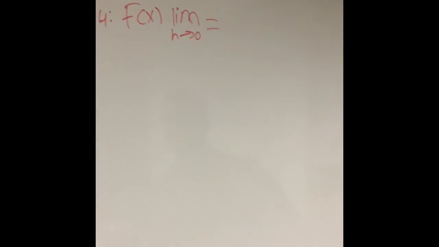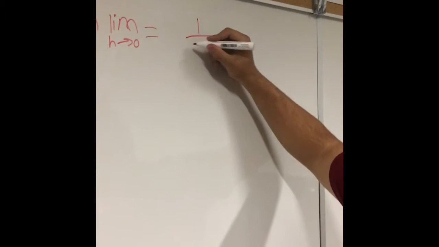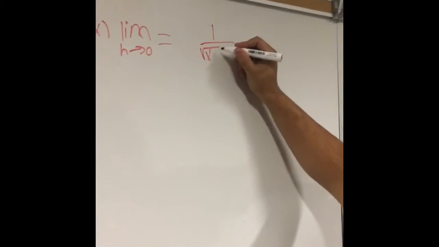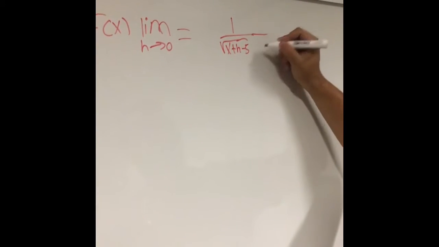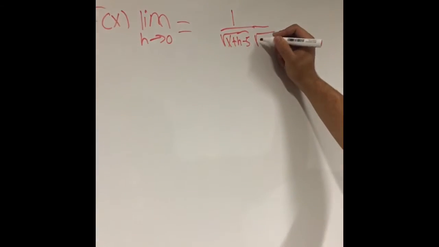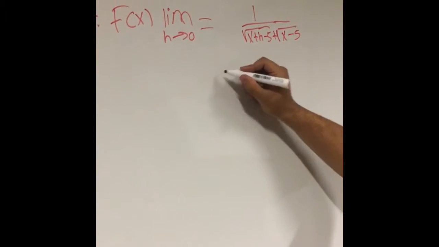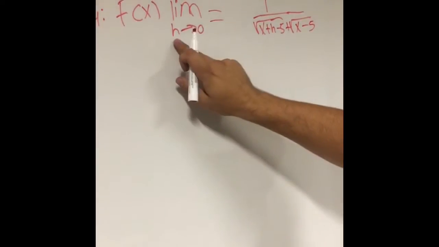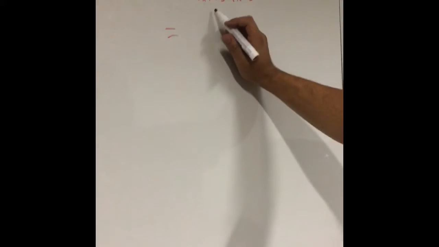So you write down 1 over root x plus h minus 5 plus root x minus 5, and you sub in 0 for all the h's in the equation, of which there's only one.